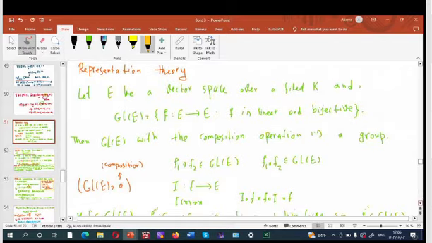Because for any f in ck of G and for any x in G, by the definition of this representation, we have ρ_G(g) ∘ ρ_G(h) of f of x equal to ρ_G(g) of ρ_G(h) of f, and of x.